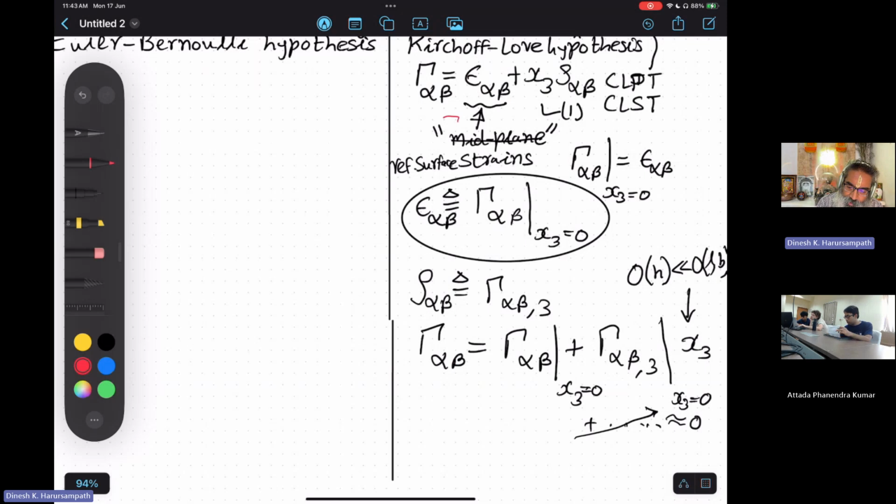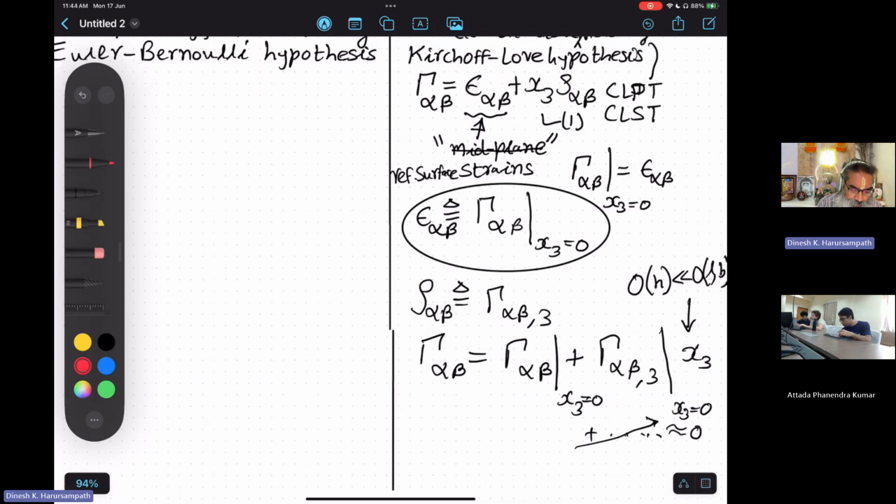So that is why I mentioned over here that instead of calling it mid-plane, many a times that nomenclature might be used, and many a times the datum might be chosen at the middle of the thickness of the laminate. It's not necessary. Sometimes it's more convenient and more useful to actually choose the reference surface somewhere else.